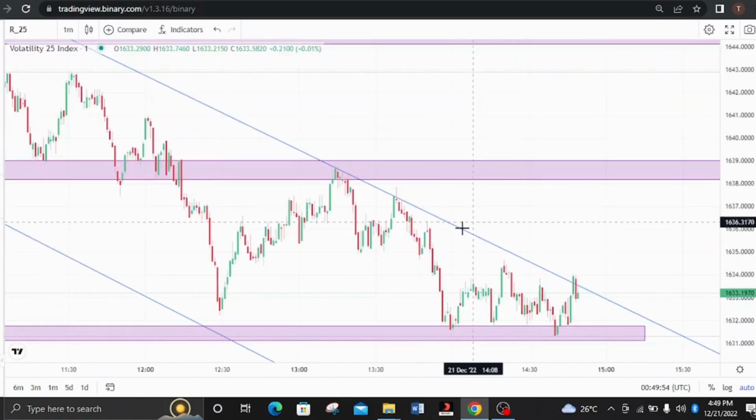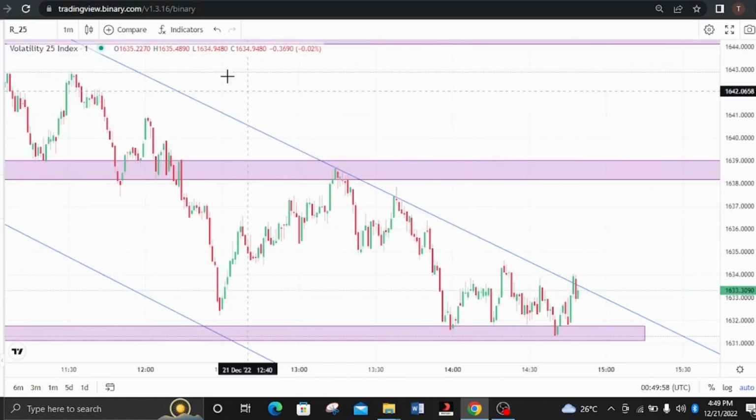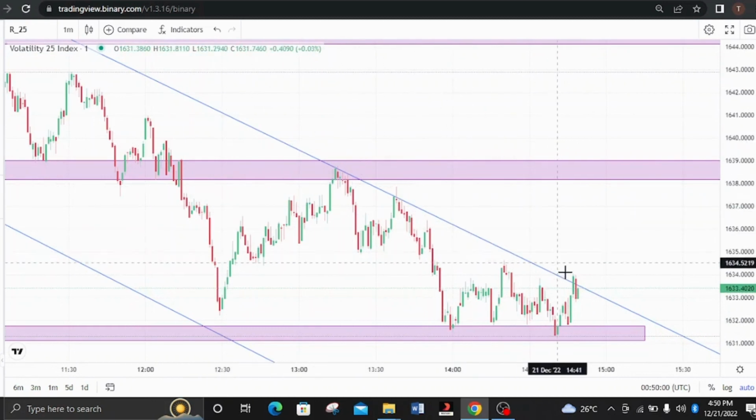So you can see that we had a rejection on this level here, on this trend line within a trend line. We had a rejection here.